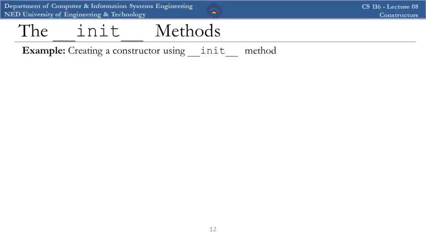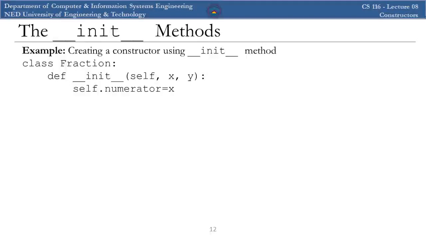Now let's define this initiator method for our class fraction. This was the class definition, and here I am adding this initiator method. See, the signature is double underscore init double underscore, and as parameters, self is the essential parameter because init is also a method, so self should be there. And then we are providing two values, x and y. These values will be provided by the user when instantiating an object, and these values will be assigned to our instance variables, right?